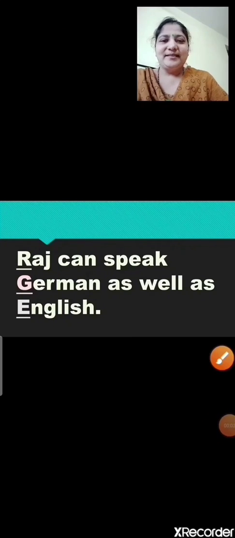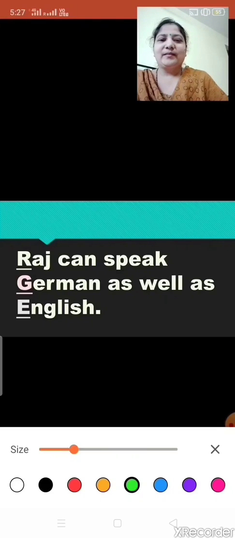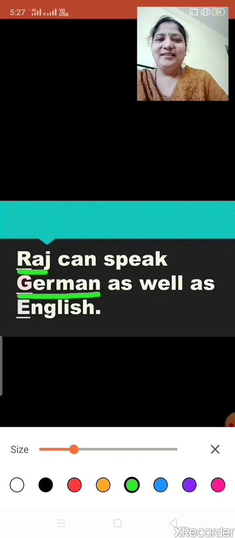Now let us read this example. Raj can speak German as well as English. Here, Raj is a name of a person. So we have written Raj in capital. German is a name of a subject.